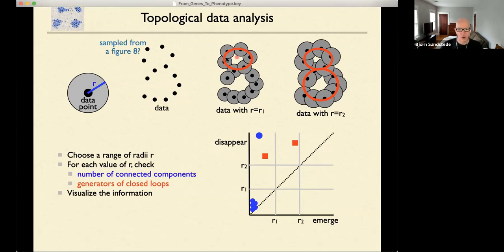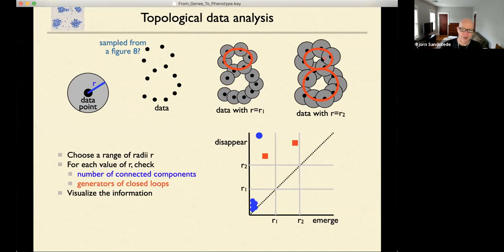So for instance, if you look at this red circle, it's present when R is equal to R1. It's not present when R is equal to 0, so there's no circle here. I cannot go from this data point to this without leaving my data set, while here I can go from ball to ball. So somewhere between the radius R equal to 0 and the radius R equal to R1, that circle appeared. So the X coordinate of that circle should be somewhere between 0 and R1.